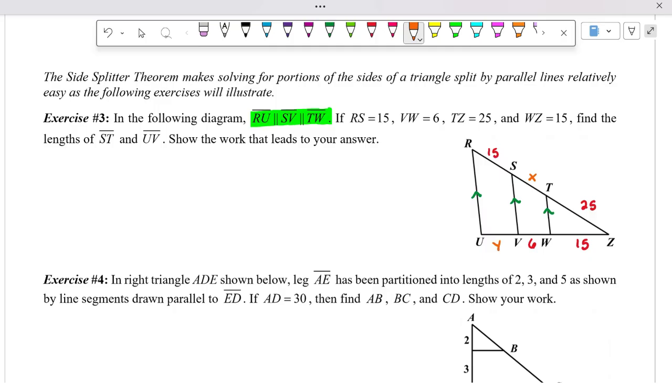Now, I would also like to point out where all the triangles are. So there's the smallest one. There's the medium one. And here's the biggest one.